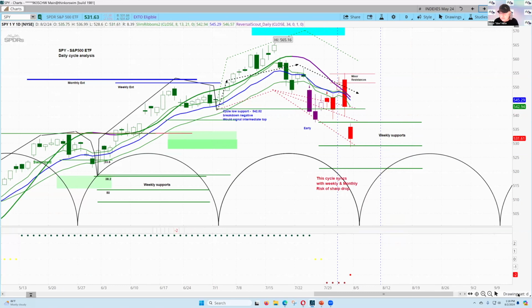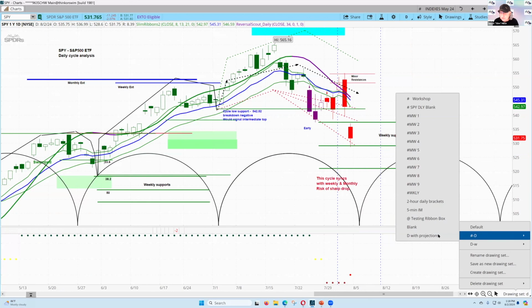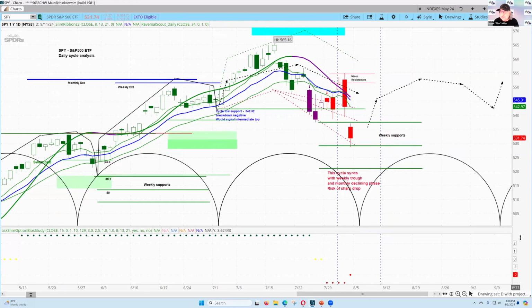Now, if the market did give us some signs of that, then I would be looking at projecting it out something like this. I wanted to show you that alternative, where we start to look for how that next cycle shape will look as I build the cloud around this. Once this bottom is in place, I will have an anchor point.